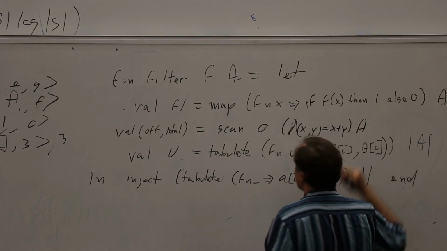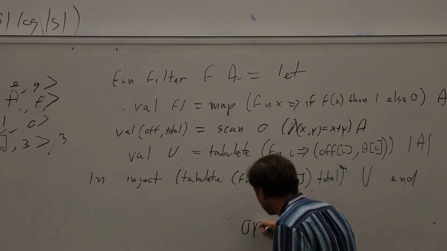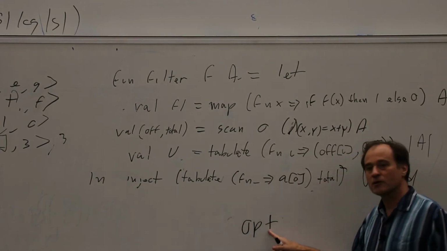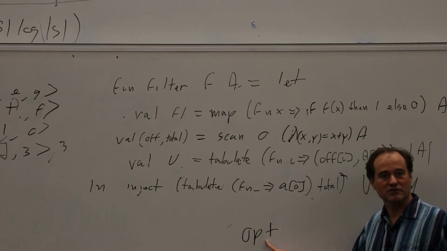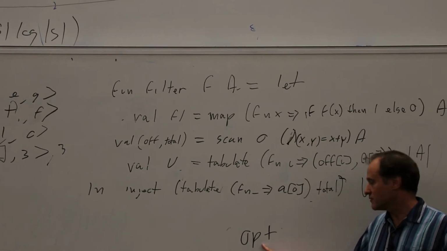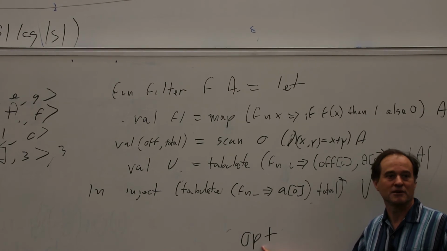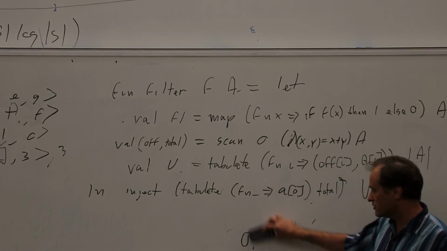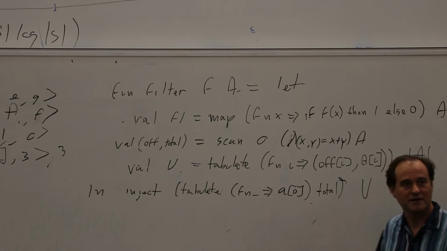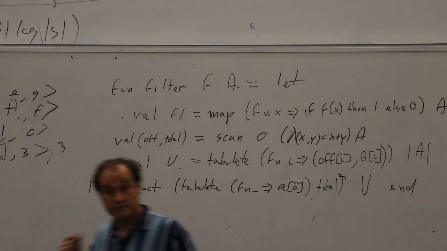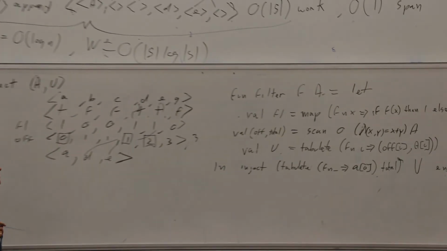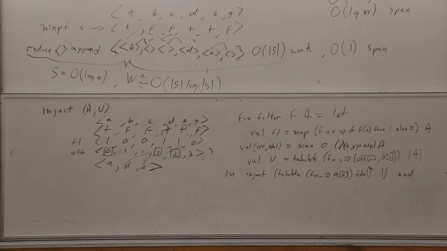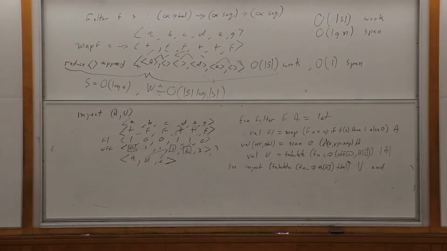In SML, you can say op before an infix operation, and it means treat that infix operation as a function. It's just some SML magic, so I apologize for using SML magic. Okay, any questions on that?